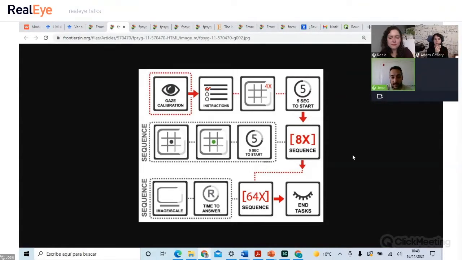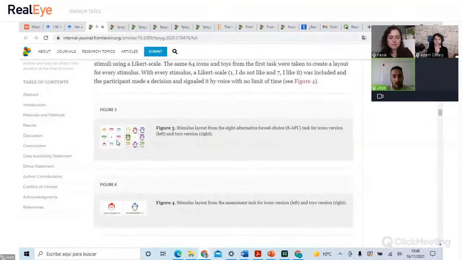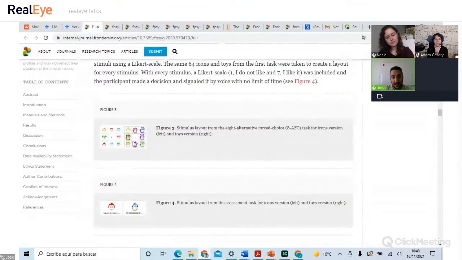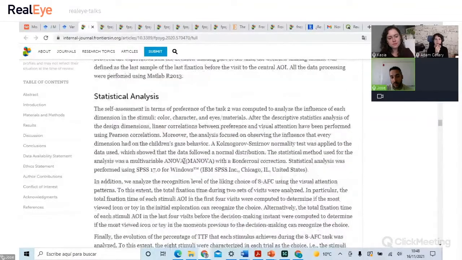So we made the sequence, and then at the end they answer what they want to choose. Depending on the eye movements, the time of the eyes, and the order in which they look, we can predict which one they are going to choose.